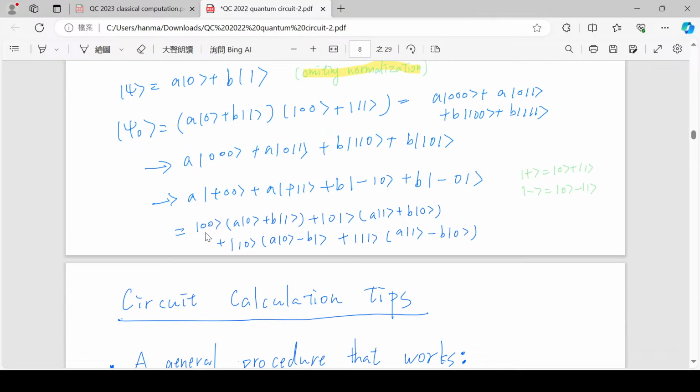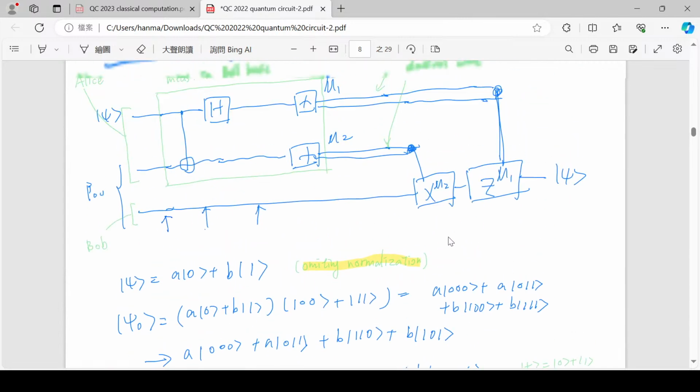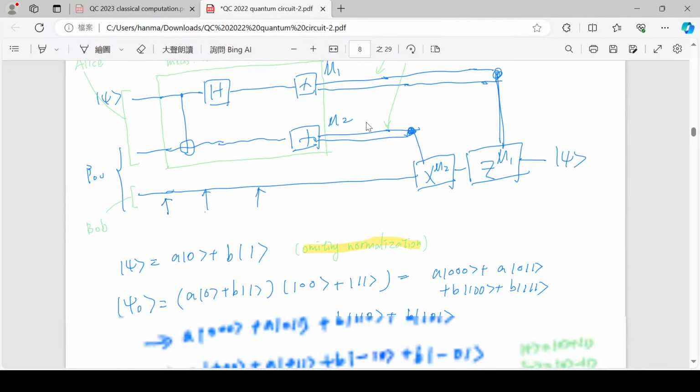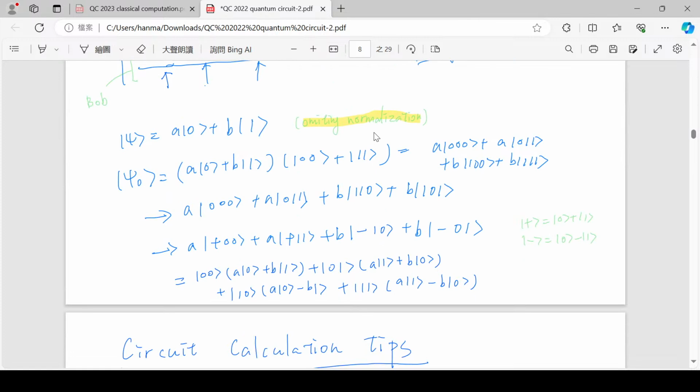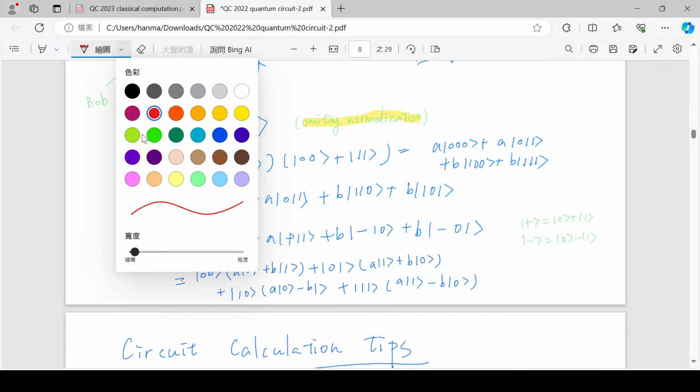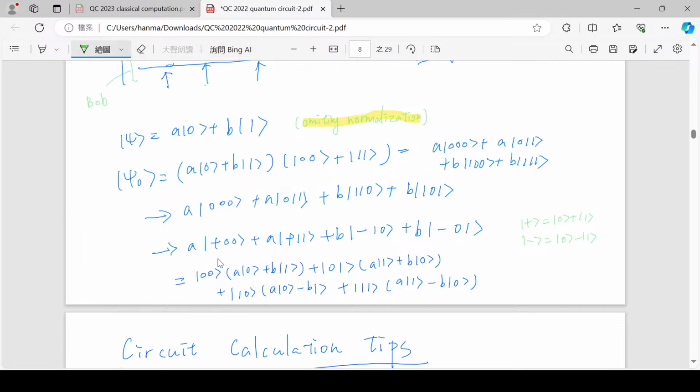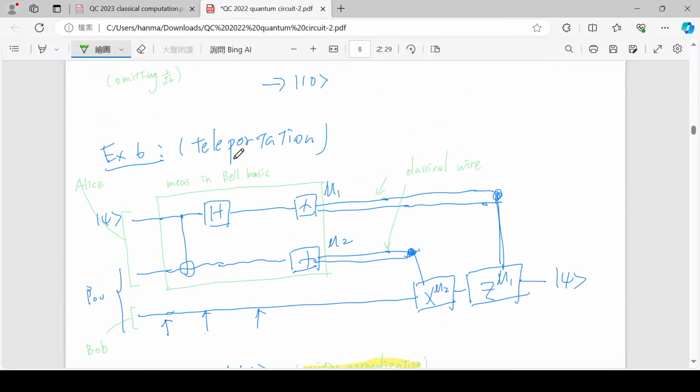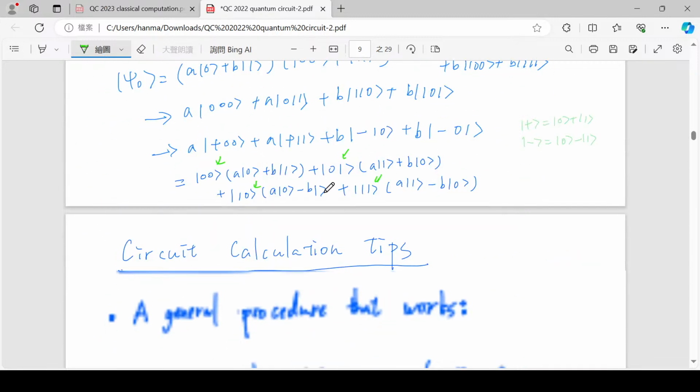There's a 00 part, that is a0 plus b1, and the 01 part is a1 plus b0, etc. When you do computational basis measurement, you pick out 1 of the 4 here, and you collect the third qubit into the corresponding 1 of the 4.